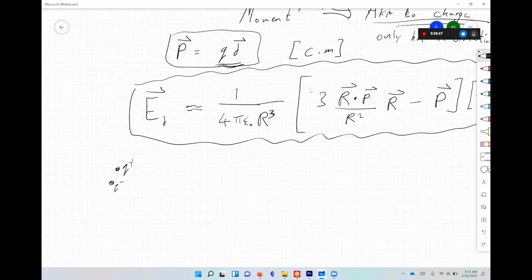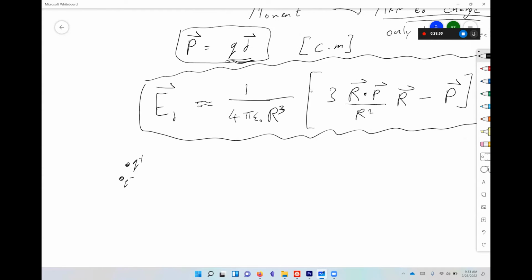So the field intuitively is going to look something like this. Let's say I have a dipole. I'm always going to write the dipole as an arrow, P, at a point.